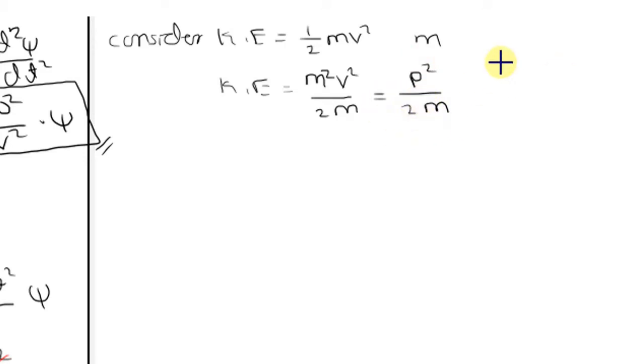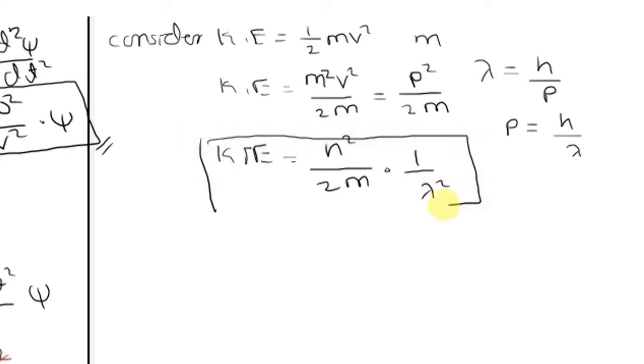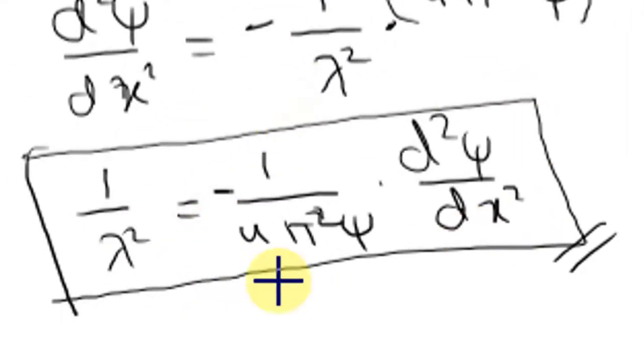And we know the de Broglie wavelength, lambda equals h by p, so p equals h by lambda. Substituting here, kinetic energy = h²/2m × 1/λ². 1/λ² is nothing but what we derived in the previous equation.